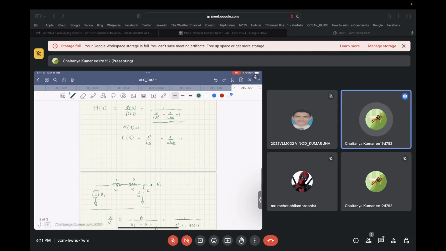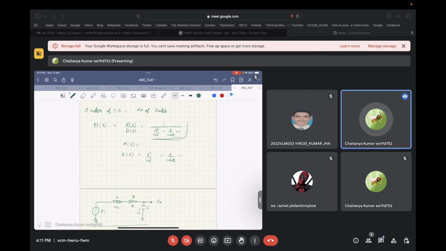So basically, can anyone tell what is the nature of this transfer function? Is it a high pass transfer function, low pass transfer function, or a band pass transfer function? So it's a low pass transfer function. So how is it a low pass transfer function?